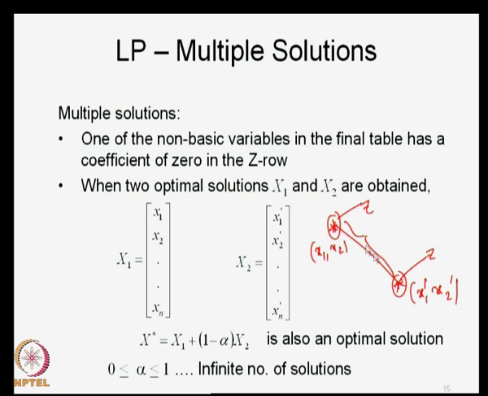Once you get these two solutions, you can generate an infinite number of solutions by using alpha times x 1 plus (1 minus alpha) times x 2, by appropriately choosing alpha. So, you can get an infinitely large number of solutions, and this has a huge physical significance. As I have been mentioning, let us say that you are talking about physical dimensions, and one optimal solution has a certain set of physical dimensions, and another optimal solution has another set.